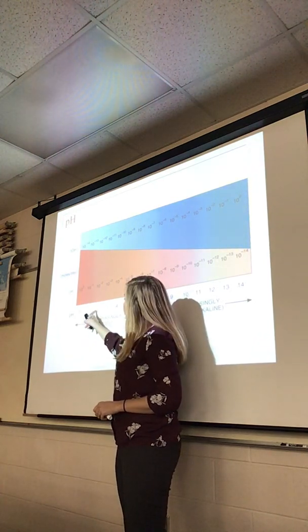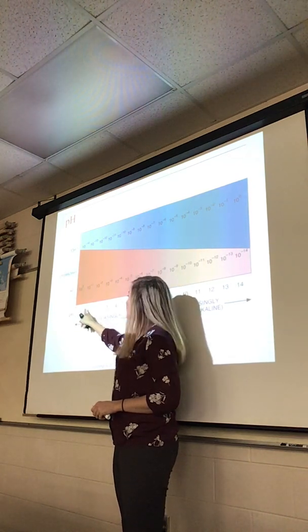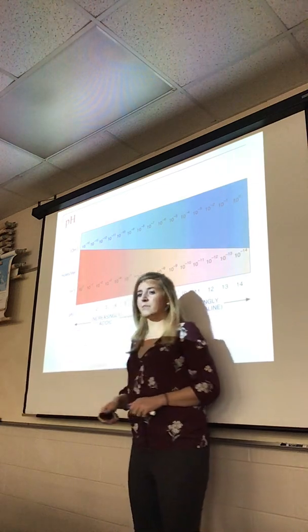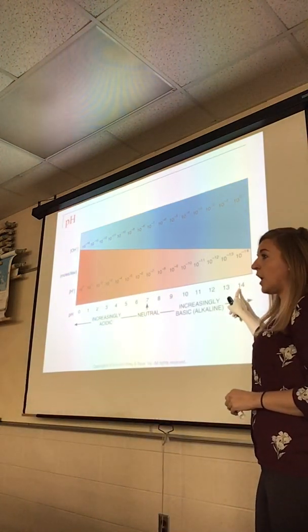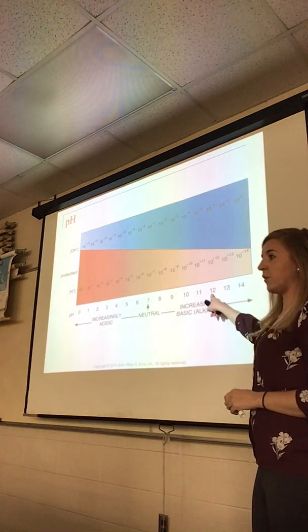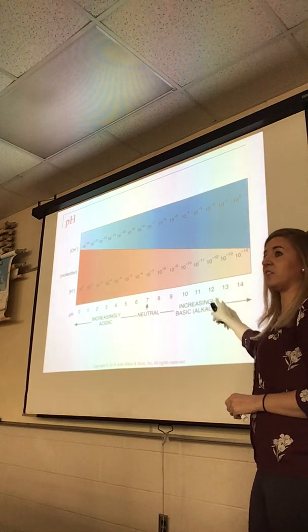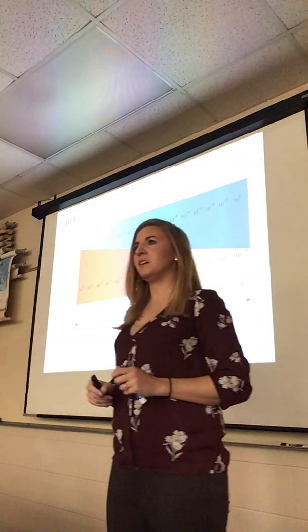Something with a pH of 0 is 100 times more acidic than something with a pH of 2. Something with a pH of 14 is 100 times more basic than something with a pH of 12, not 2 times more basic, because it's going in a scale of 10 each time. Kind of like our metric unit we did last week in lab. Does that make sense?